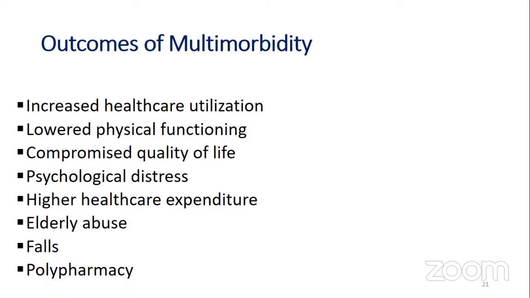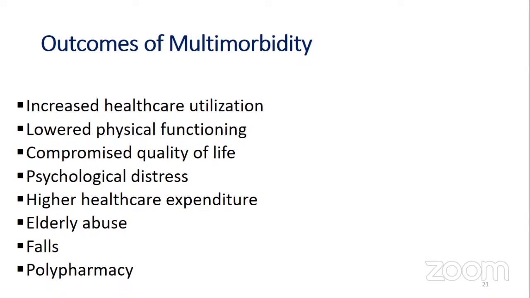So your healthcare utilization increases, and since it increases, you are more dependent on caretakers or caregivers for getting this healthcare, especially because multimorbidity is more often seen amongst the aging population.